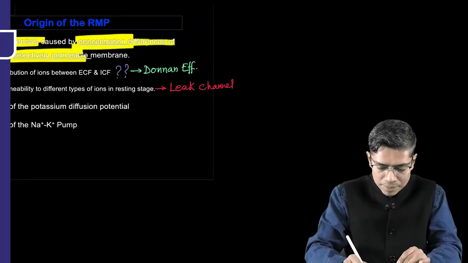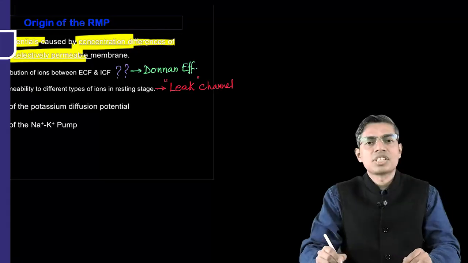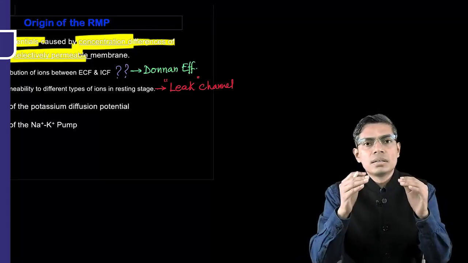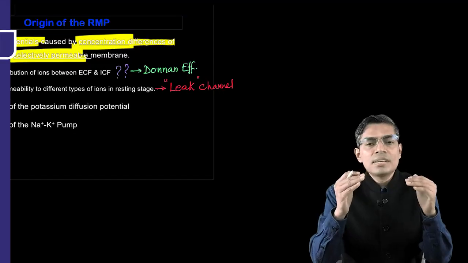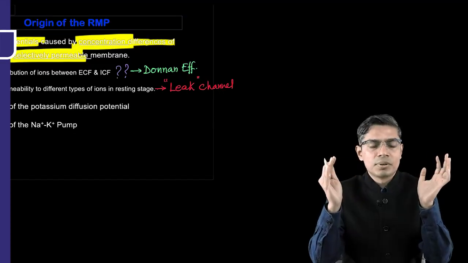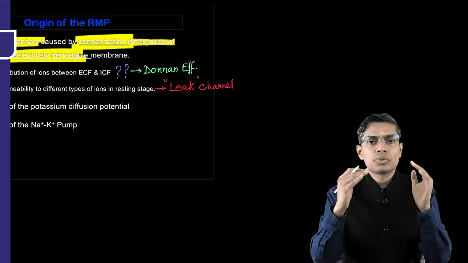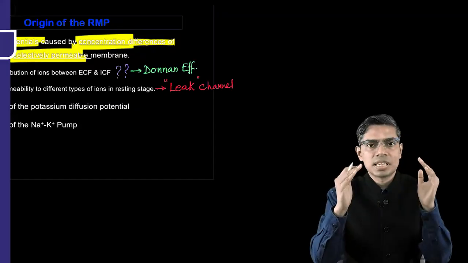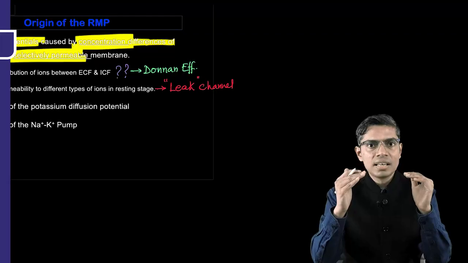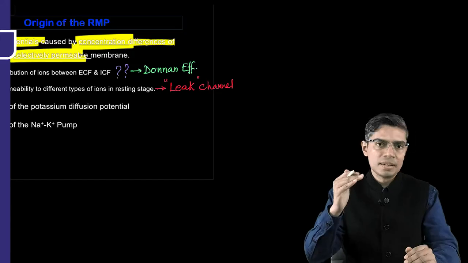Please note down this name, leak channel, because these are the channels which are open even during the resting condition of the cell. They are always open, and that's why the ions are leaking, diffusing through these channels, and that's why they are known as leak channels, and leak channels are responsible for generation of the resting membrane potential.